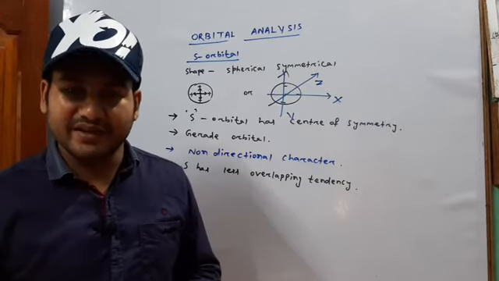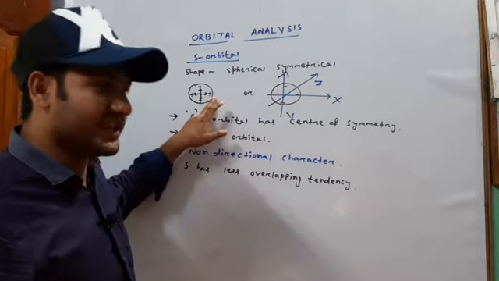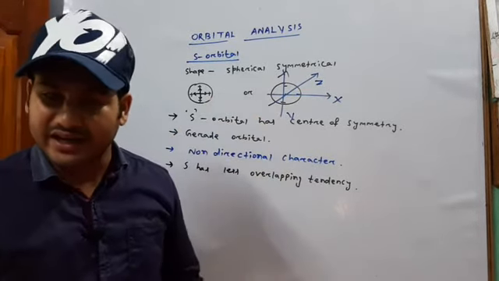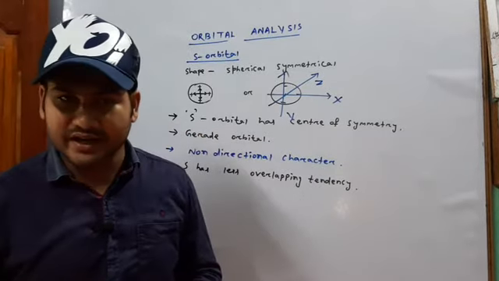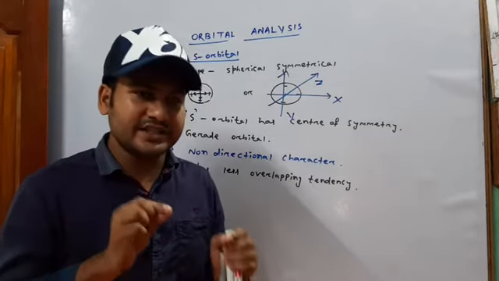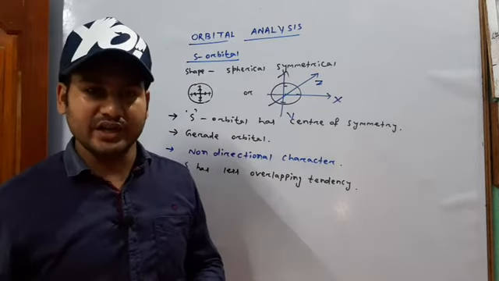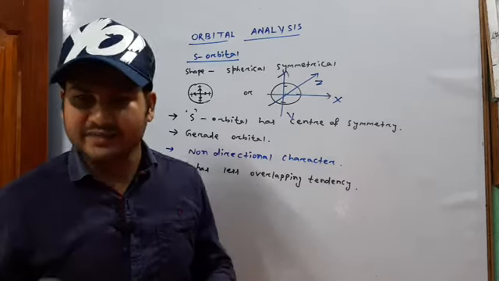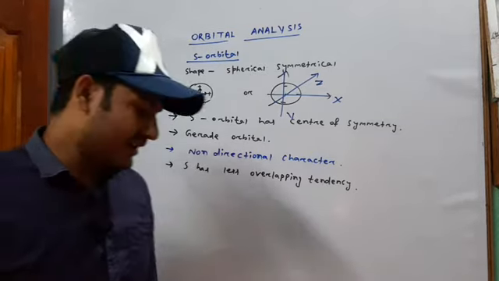The s orbital can be represented in two ways: one has only a positive sign, another only a negative sign. The s orbital has a center of symmetry, so you can say it is a gerade orbital. The s orbital is non-directional in nature, so it has less penetration power or less overlapping tendency.